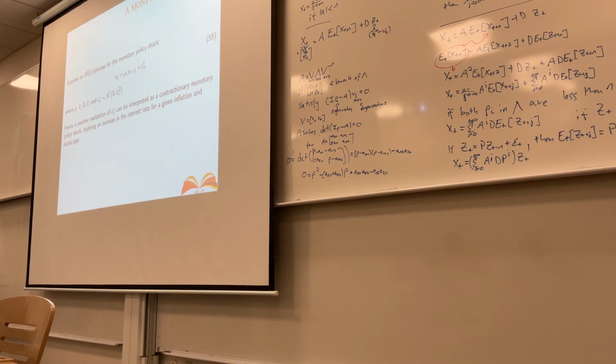Okay, so we have a contractionary monetary policy shock, a positive realization epsilon nu, driving up nu, driving up the interest rate, first holding inflation and the output gap constant.